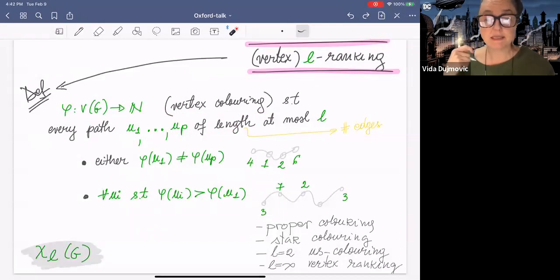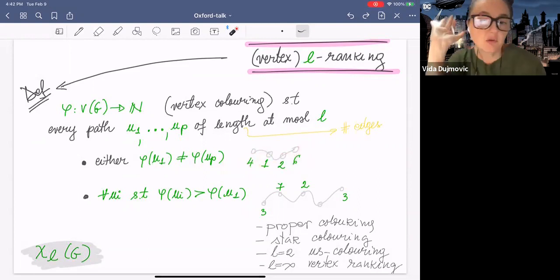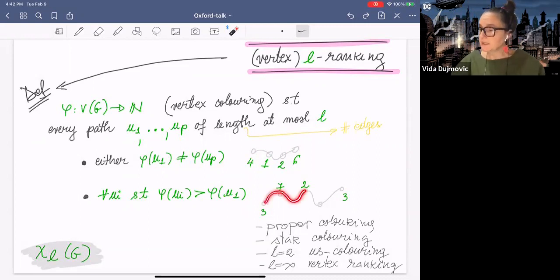Okay, so if you look at the non-trivial paths, the following two properties have to be satisfied. First of all, either the endpoints of the path have distinct colors. So here's the path, and it has distinct colors. Then we don't have to worry about anything else, okay? Or if the endpoints have the same color, then what is required is that on that path, there is a vertex with a bigger color, okay?